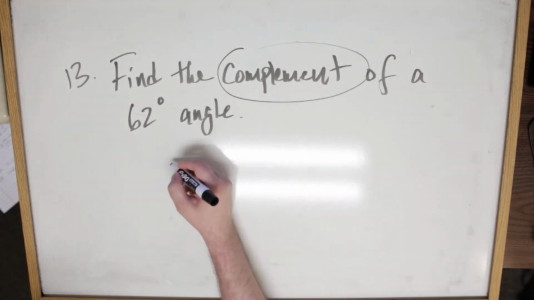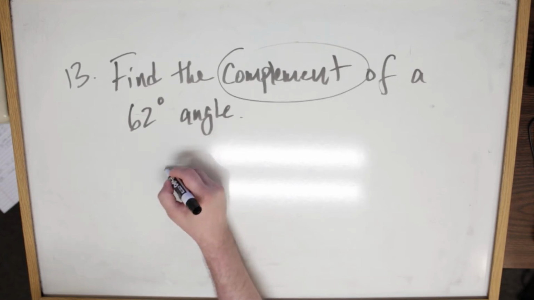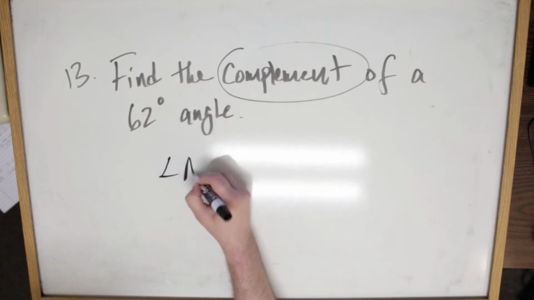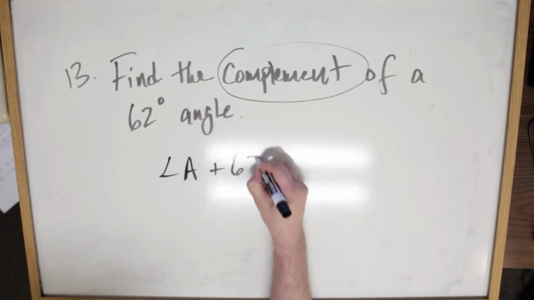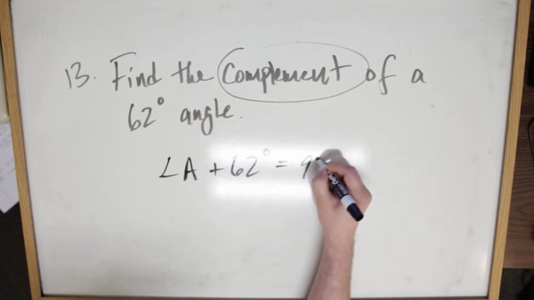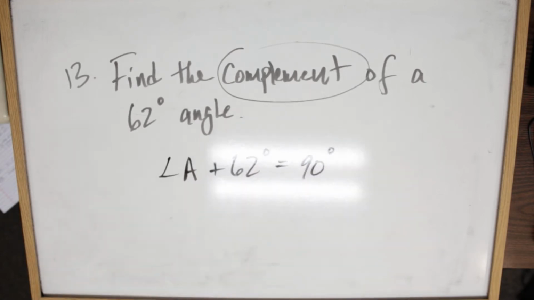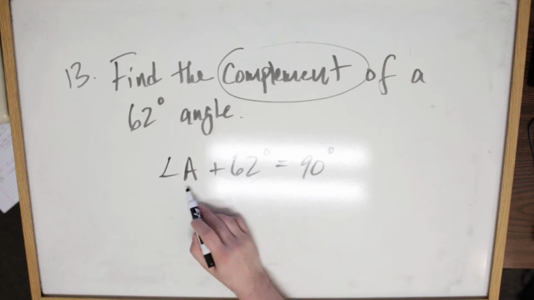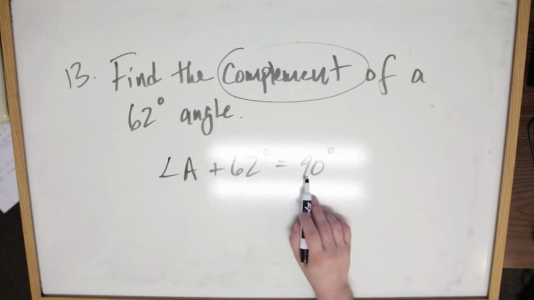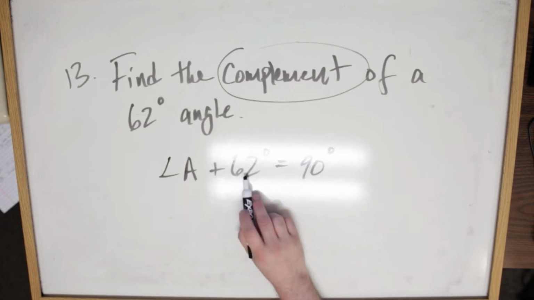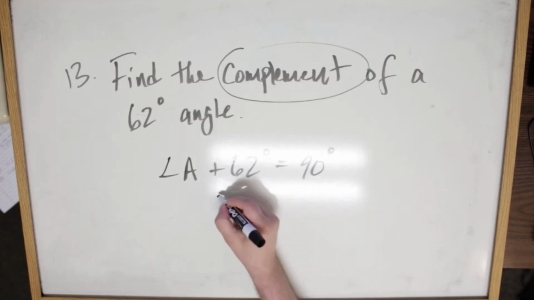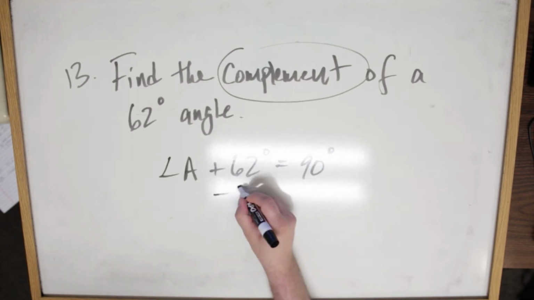So here I am looking for, say, angle A, plus 62 degrees is equal to 90 degrees. Okay? And now when you have degree measures, you can add and subtract them just like you normally would. So what here would you add to get 90 degrees from 62? To do this, you can subtract 62 from both sides.